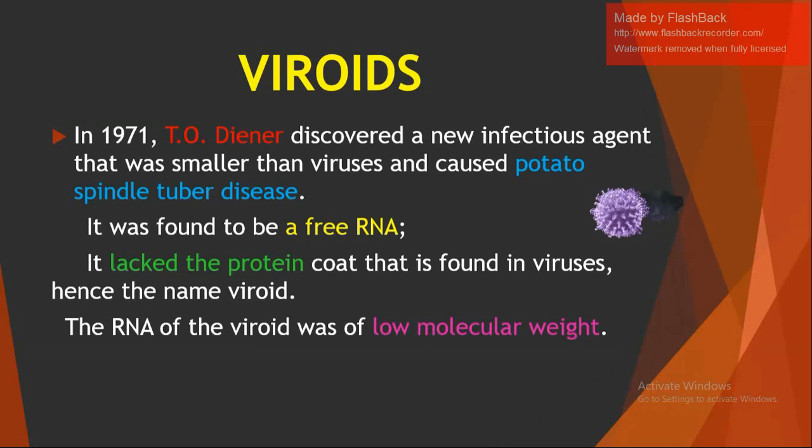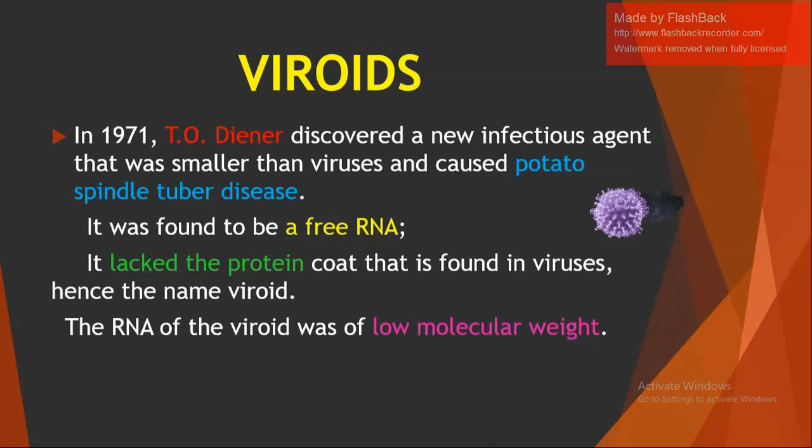Now, viroids are found to have a free RNA. Do you remember what viruses comprised? Viruses comprised proteins as well as nucleic acids. Whereas viroids contain only a free RNA molecule, but lack proteins.